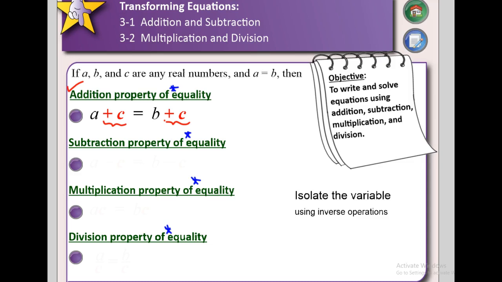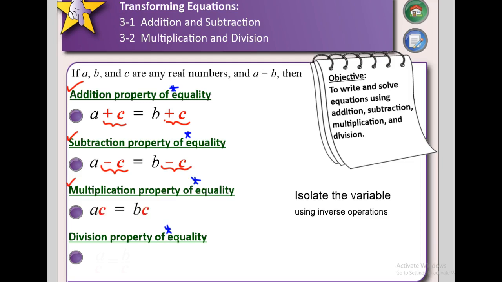What about the subtraction property of equality? You guessed it. If I subtract C from one side, then I have to do the exact same thing to the other. What about the multiplication property of equality? That's right.